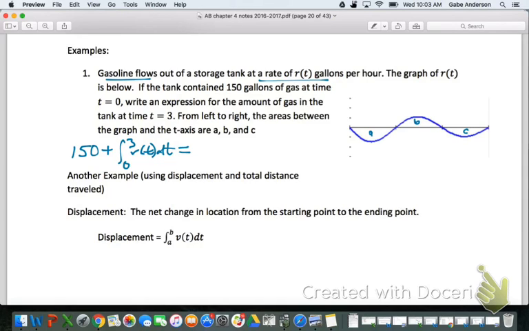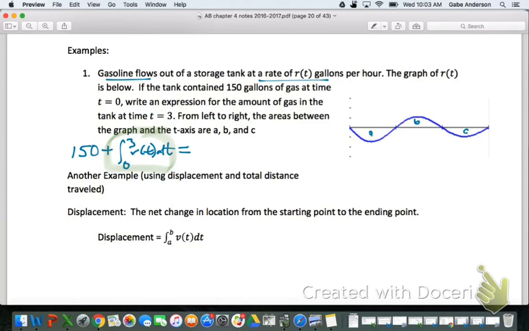Some of them are below the t-axis, aren't they? Some of them are below, one of them's above. So when it comes time to evaluating this integral right here, do we have any idea what r of t is? Analytically? We have no idea what it is. And so remember the saying I told you in the first semester: if you can't differentiate, that's fine, just find the slope of the secant line.